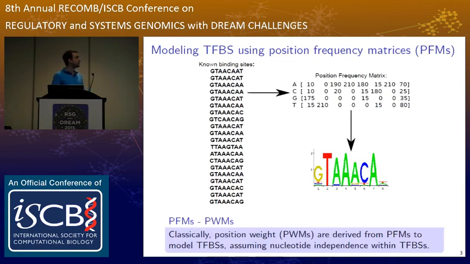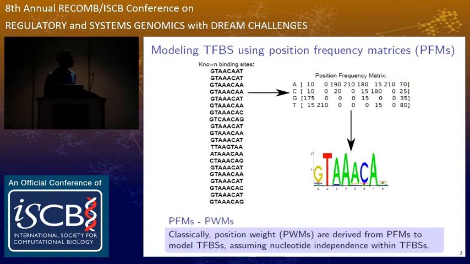Okay, so basically you have the frequency of having A, C, G or T at each one of the positions within the motif that is recognized by your transcription factor of interest. And then you can derive from these frequencies a position weight matrix with a basic log transformation, in order to use this model to predict transcription factor binding sites on the DNA sequence.